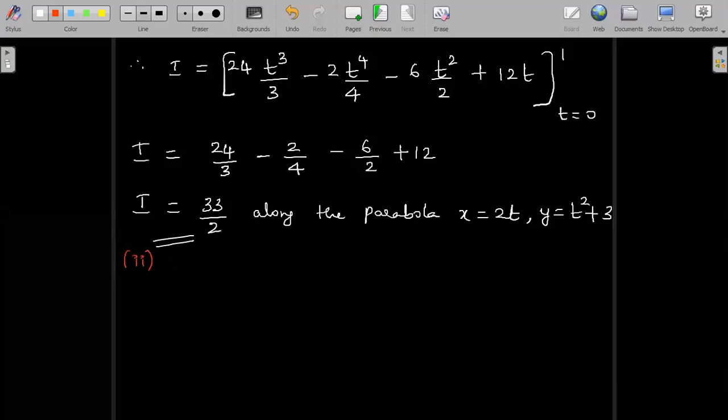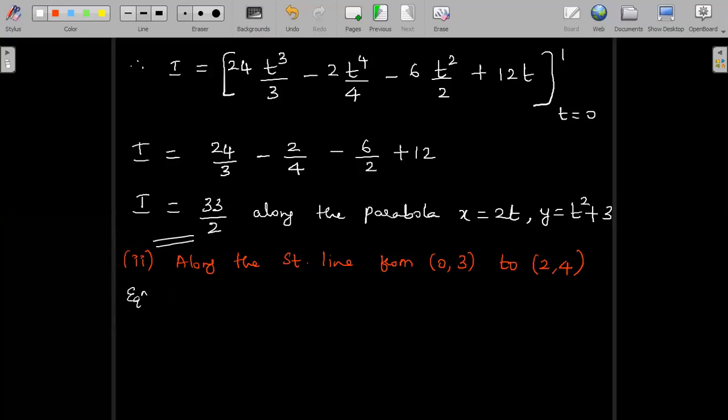Case 2 is along the straight line from the points 0, 3 to 2, 4. So very firstly, we'll find the equation of the straight line joining these 2 points.